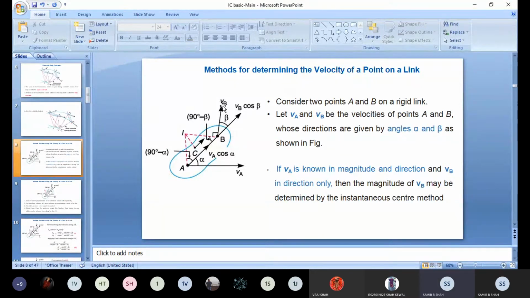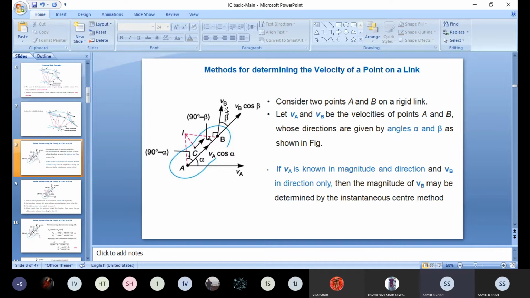That we discuss now. Draw AI and BI perpendicular to the directions of VA and VB respectively.